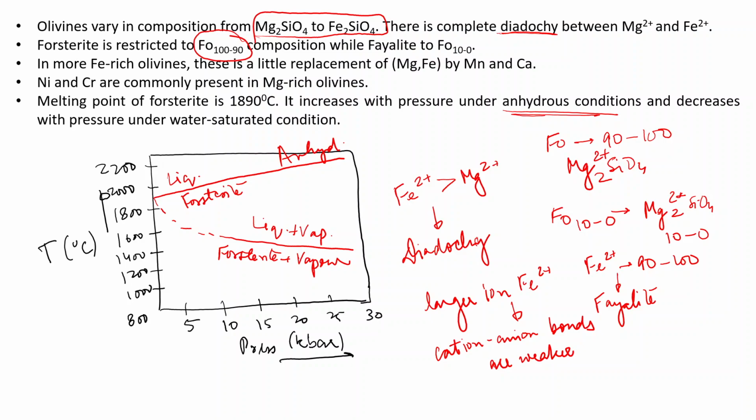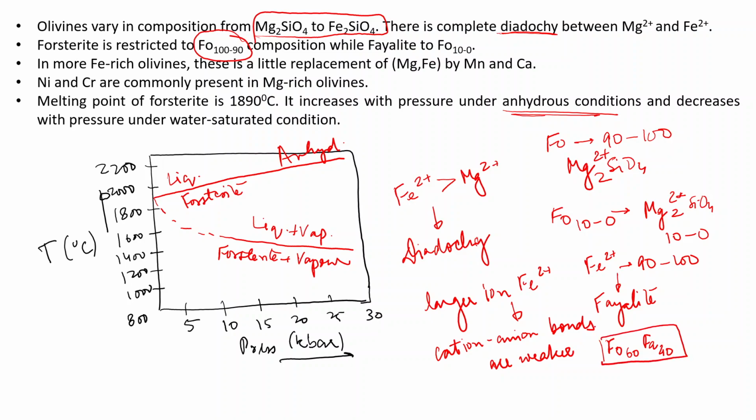So as the number of larger cations in the structure increases, there is a progressive reduction in the melting point of the intermediate composition. For example, we have a composition of FO 60 and FA 40.